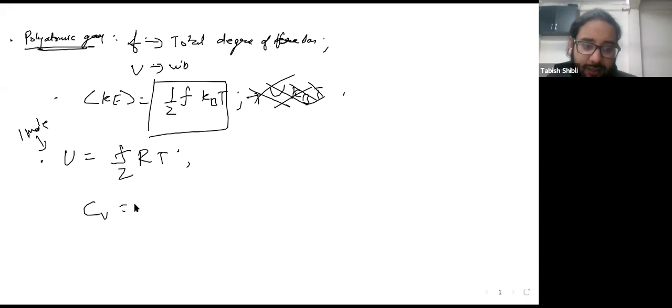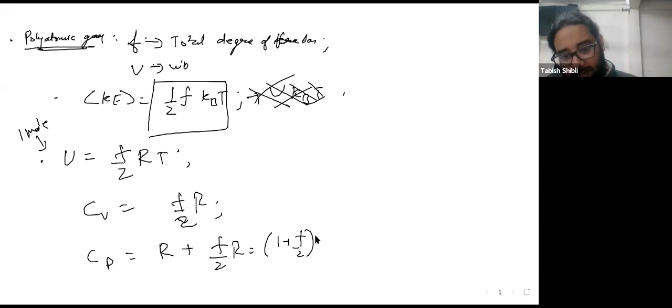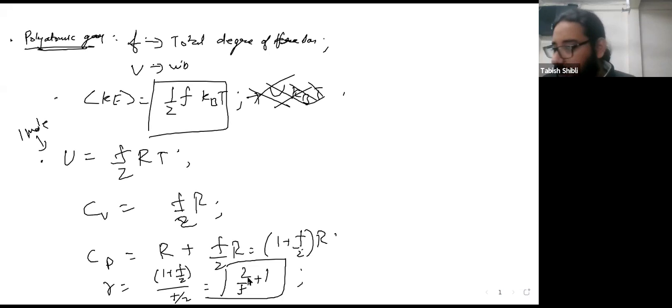Hence your CV is nothing but F by 2 R, and your CP is R plus F by 2 R, which is 1 plus F by 2 multiplied by R, and hence your gamma is CP by CV, so 1 plus F by 2 divided by F by 2, which is nothing but 2 by F plus 1. Make sense?